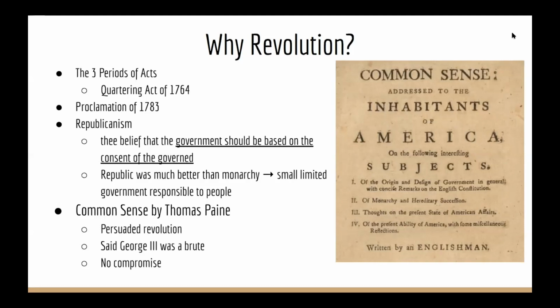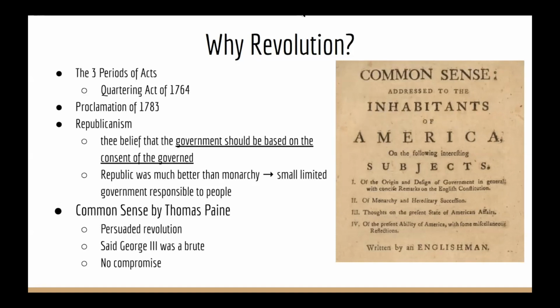But with the Proclamation, Britain basically said that you can't, and many colonists were really upset because Britain kept the land for Native American tribes.